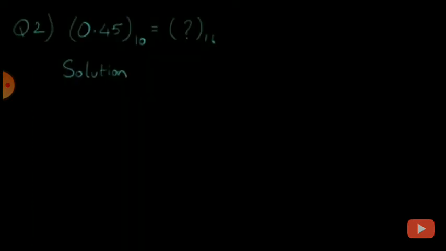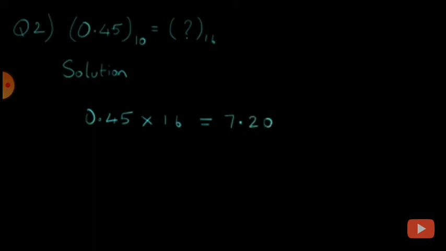Okay, so the second question consists of a fractional decimal number which needs to be converted to a hexadecimal number. So the way we do this conversion is slightly different than the previous question which we solved. Here we first write down the decimal number and multiply it with the base value of hexadecimal number system, that is 16, and this will give us a result of 7.20.